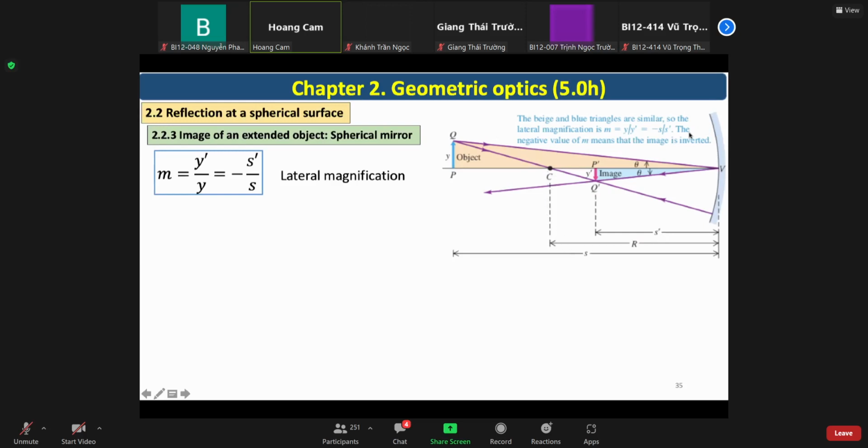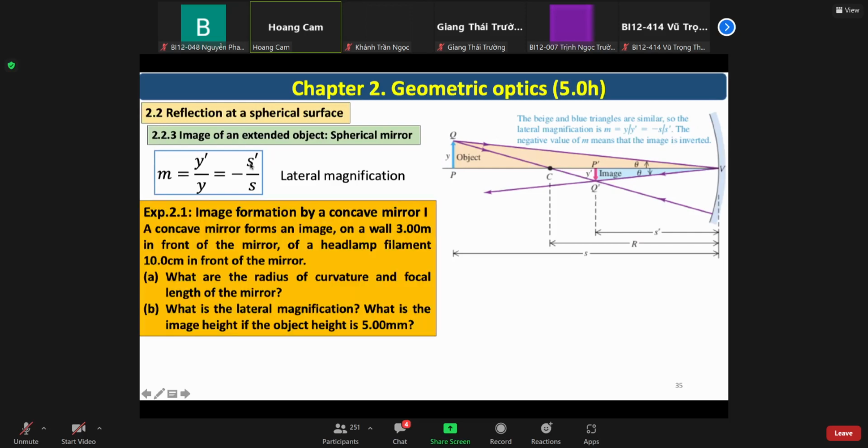Also the center of curvature of the concave mirror, you see here, is on the same side as the outgoing rays. So it is positive as well. And we see in this case the image is real, inverted, and smaller than the object. Yes. So we have this lateral magnification for the case of the spherical mirror for the reflection phenomenon.